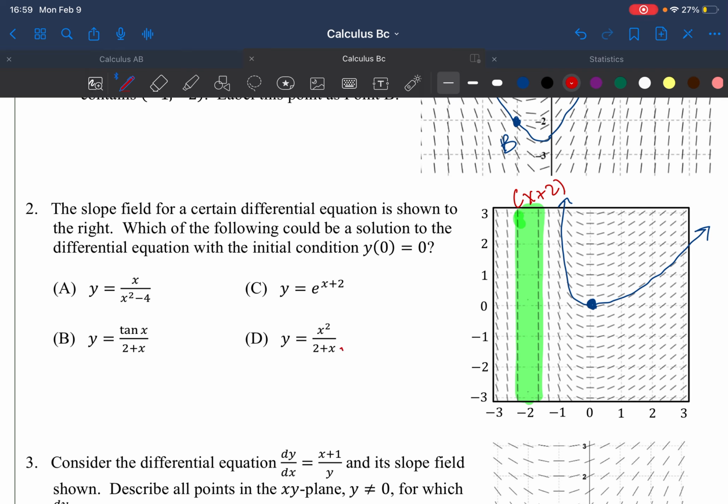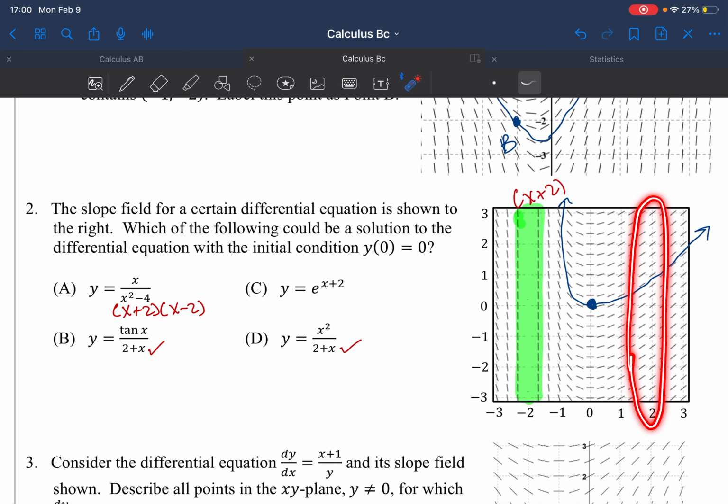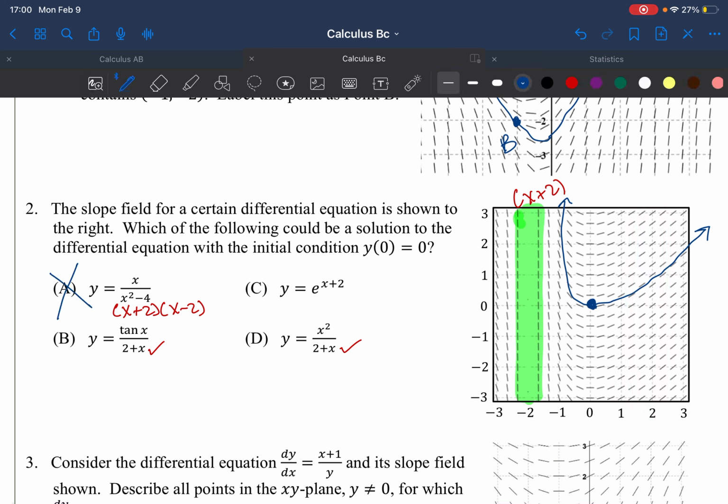So this one, and technically this one, because x plus 2 times x minus 2 is the same as x squared minus 4. However, since this mentions x minus 2, it suggests there is another vertical asymptote over on this side at 2. If you look there, we have slopes going through, so there is not another vertical asymptote. So A is not a possible answer.